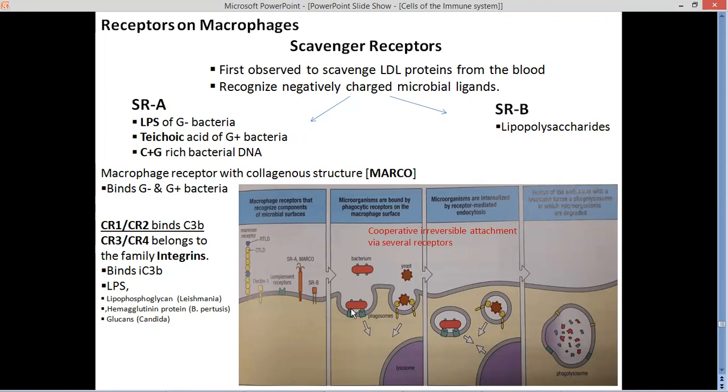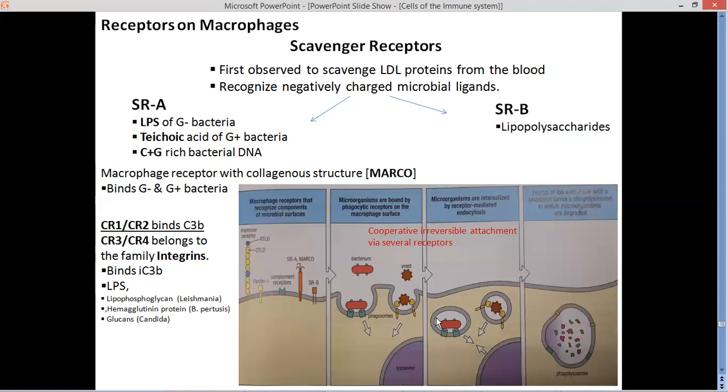The bacterium is taken up with the help of the complement receptor because it is labeled here, opsonized here. The yeast would be taken up with the help of dectin receptors because it would have these carbohydrate moieties on the surface of yeast, and this would just be internalized.